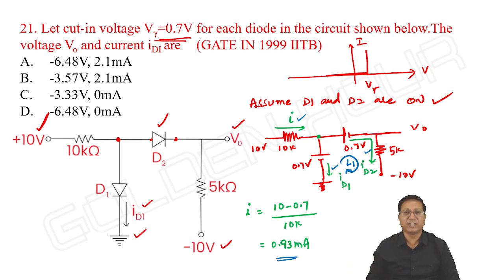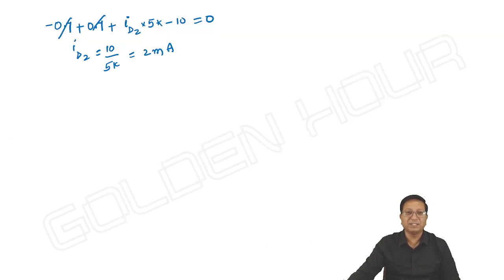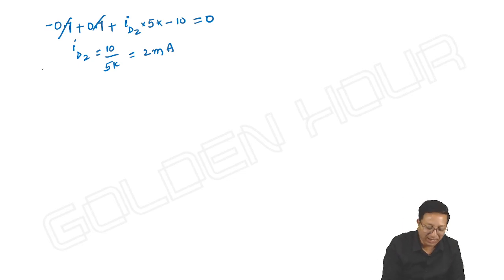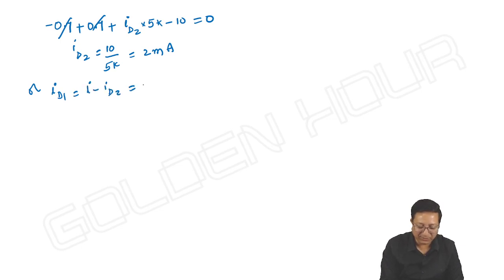But here I is found to be 0.93 milliampere and ID2 is found to be 2 milliampere. Is it possible? No. ID1 is equal to I minus ID2, which is 0.93 milliampere minus 2 milliampere. I need not calculate, it is negative.